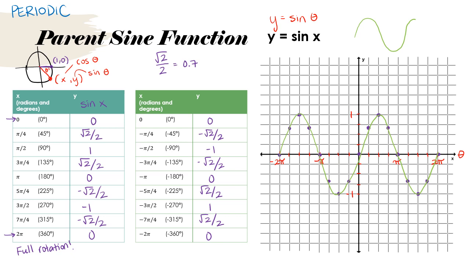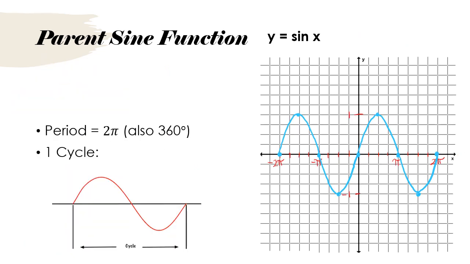So give yourself a little bit of practice. Have patience with yourself, certainly. Try to avoid making them super pointy, but it's something that requires practice. So as I said, these are periodic functions. Being a periodic function, that means we can define, especially for our parent function, the period and what one cycle looks like.